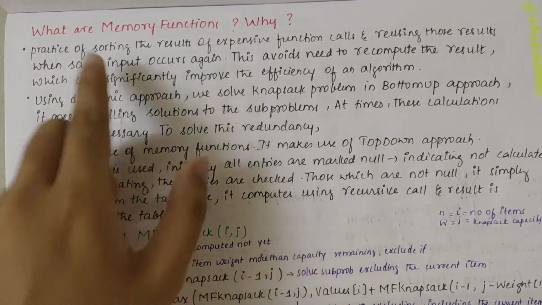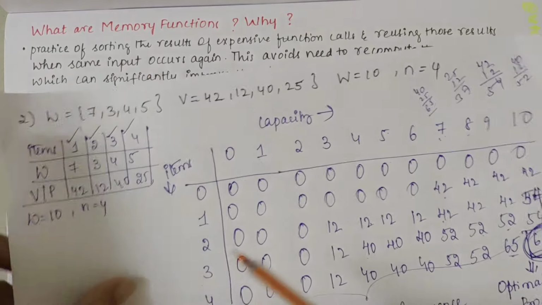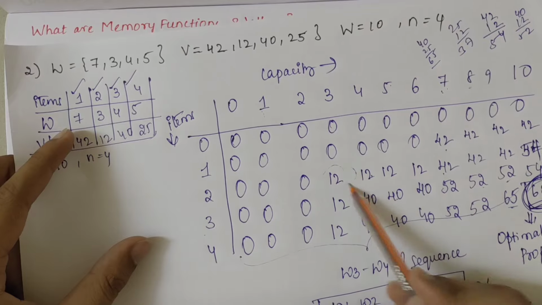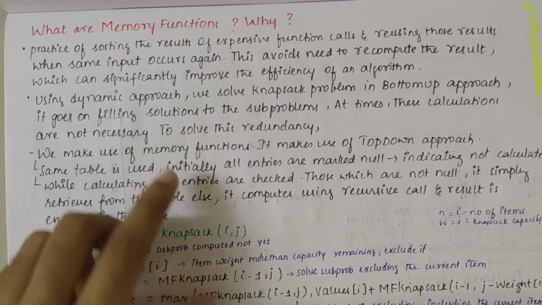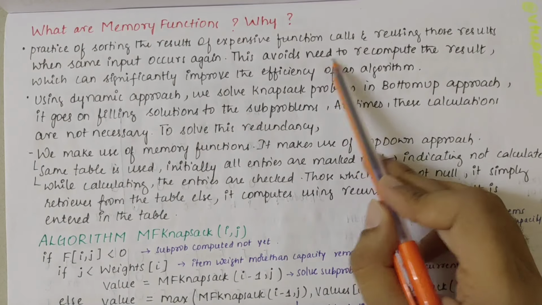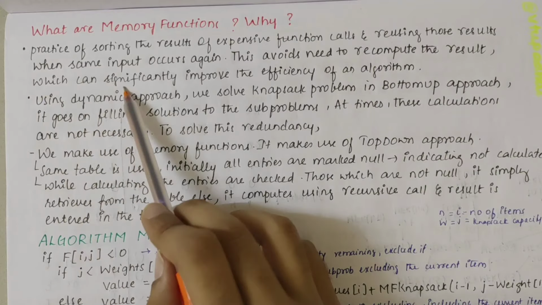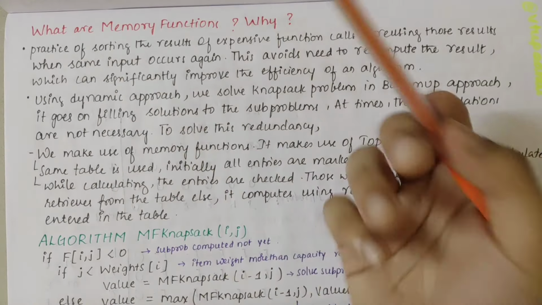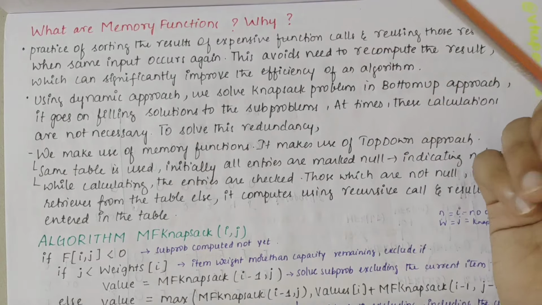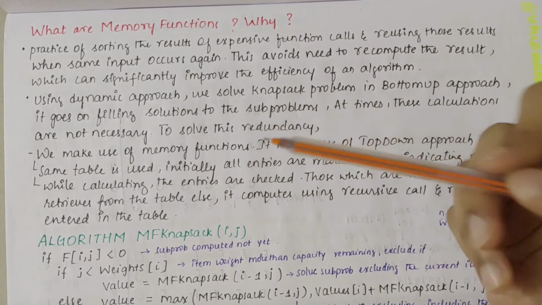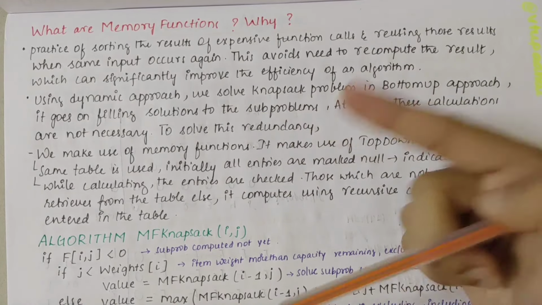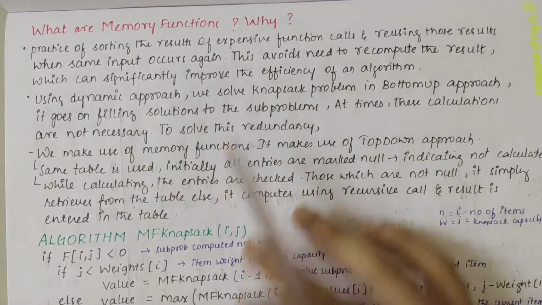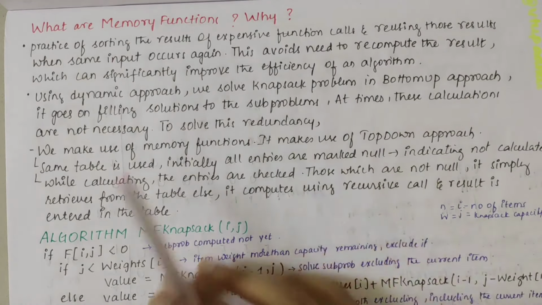Instead of using the same functions again and again, we can avoid the need to recompute the result, which can improve the efficiency of an algorithm. The same result you are repeating again and again, so don't do that. Directly write the value is what this memory function states.